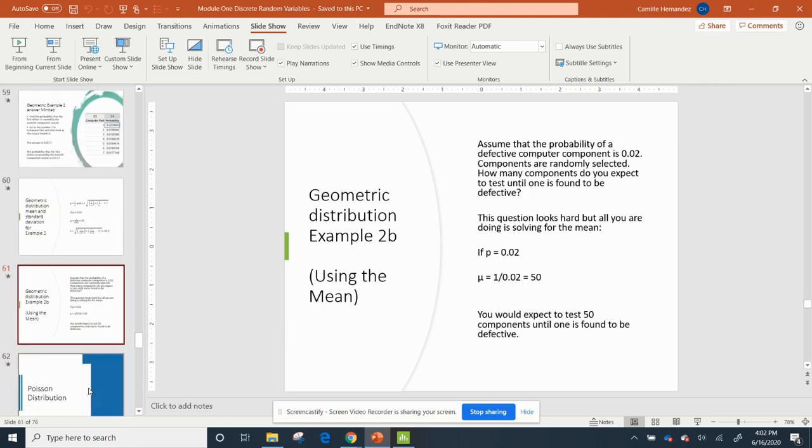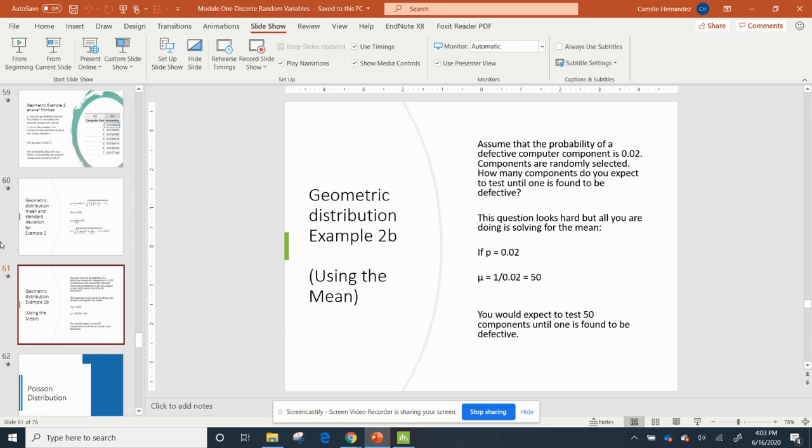All right, one more of this and then we're done. Assume that the probability of a defective computer component is 0.02. Components are randomly selected. How many components do you expect to test until one is found with a defect? This question looks really hard, but all you're doing is solving for the mean.